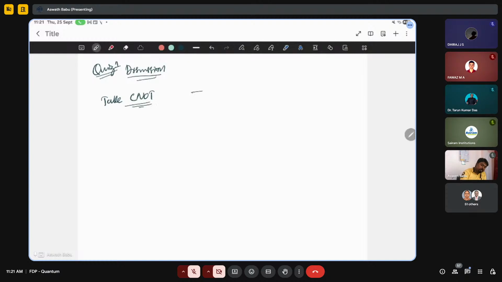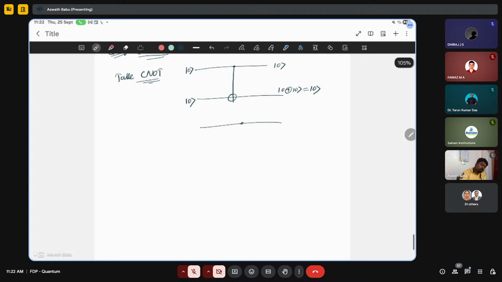What it does is it takes the control either in 0 or 1 form and gives you the output as it is. If the control is 0, nothing happens to the target. If the control is 1, the target gets added up with the control value, which is actually the flipped version.